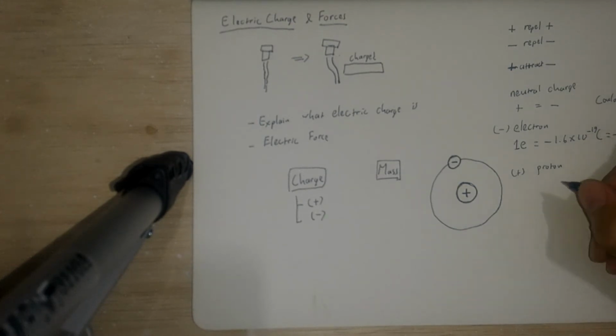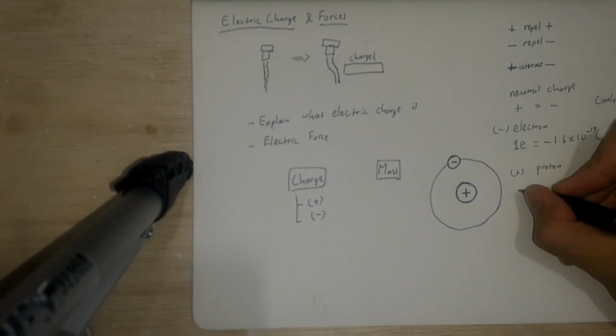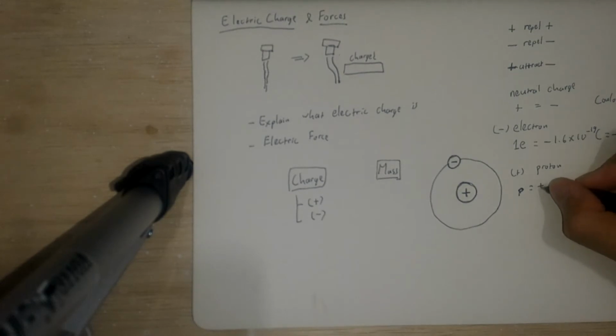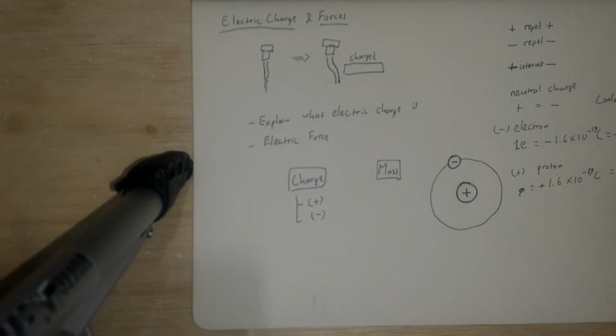For one proton, I will say proton P, it has charge positive 1.6 times 10 to negative 19 coulomb or positive e. Actually, they have the same amount of charge.